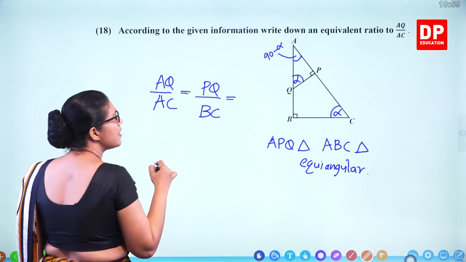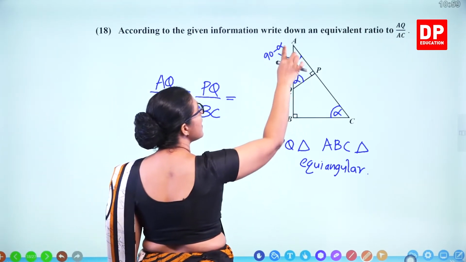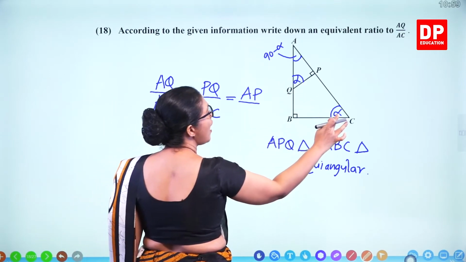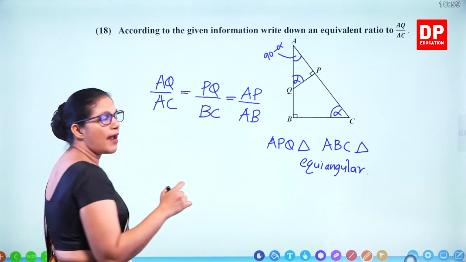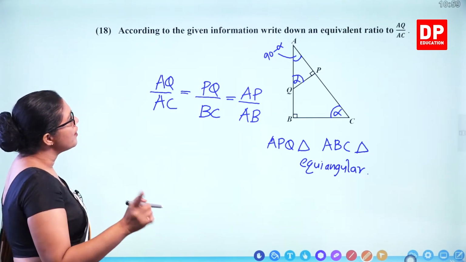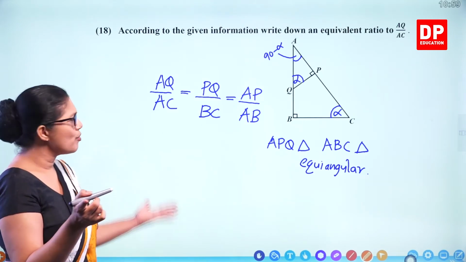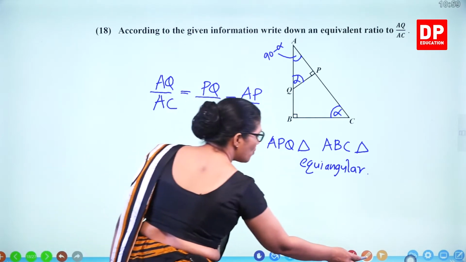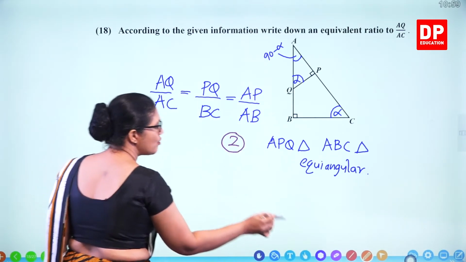Or you can take the other side. Opposite to alpha, that's AP, and that's equal to opposite to alpha, that's AB. So you can take any corresponding ratio. According to the given information, write down an equivalent ratio. You can write one of these. So 2 marks to write down one of these. You don't need to write both.